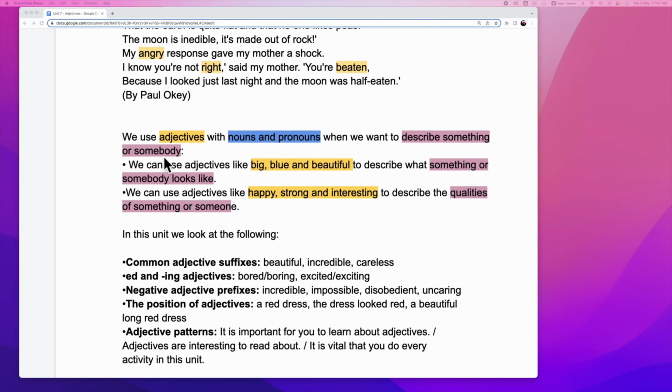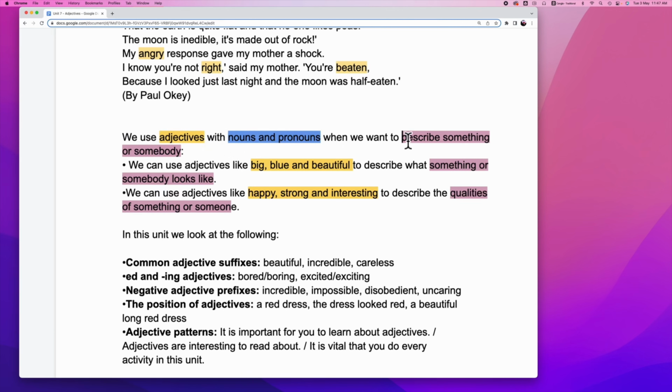What is an adjective? First of all, we use adjectives with nouns and pronouns, and we use the color yellow to represent anything related to adjectives. They always stick with nouns and pronouns, which are the color blue.